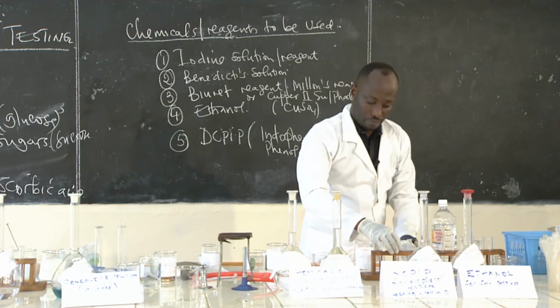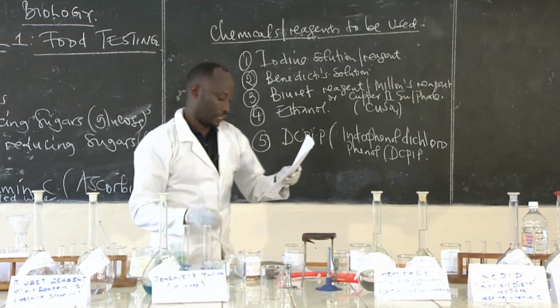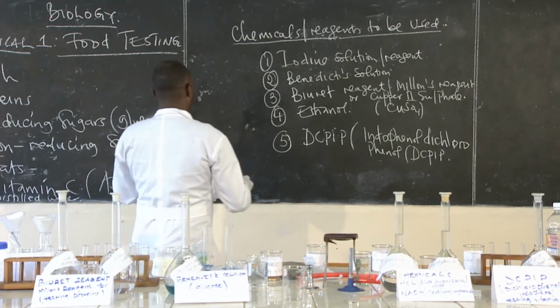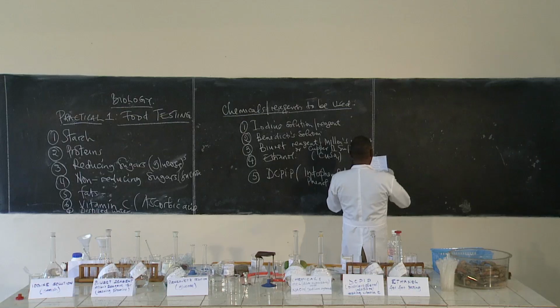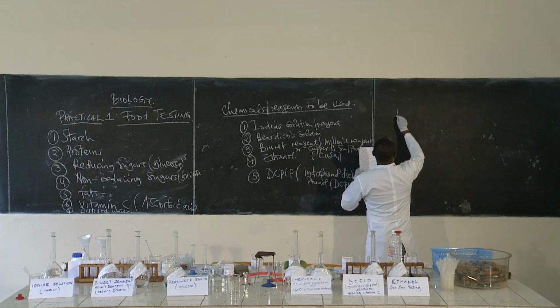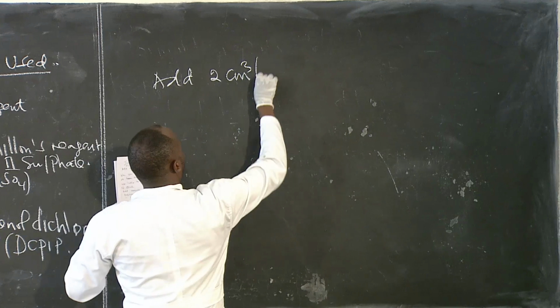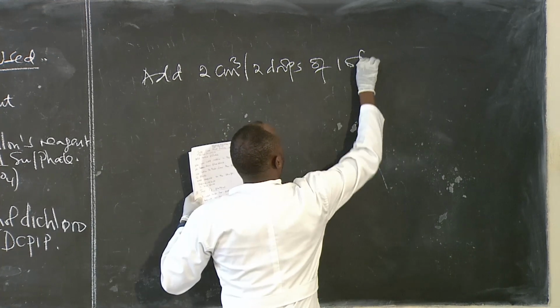Take a note of this. Write this one in your book. You say, add iodine solution, you can say 2 centimeters or 2 drops of iodine solution.